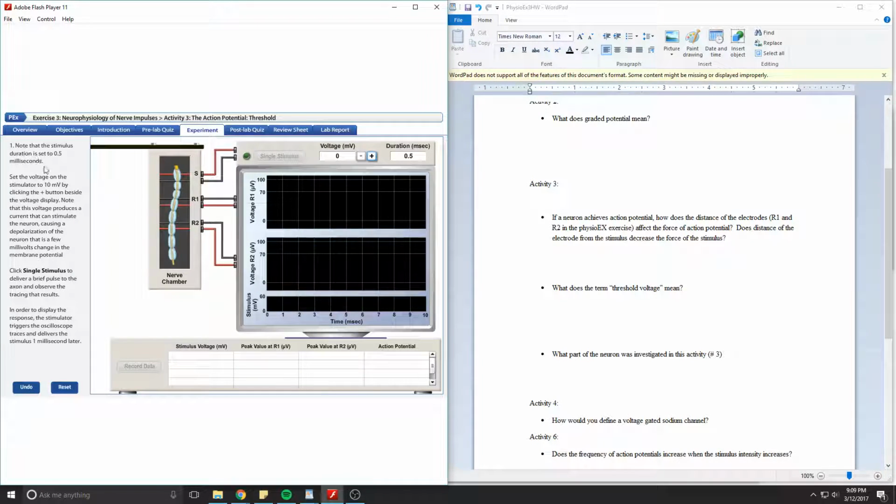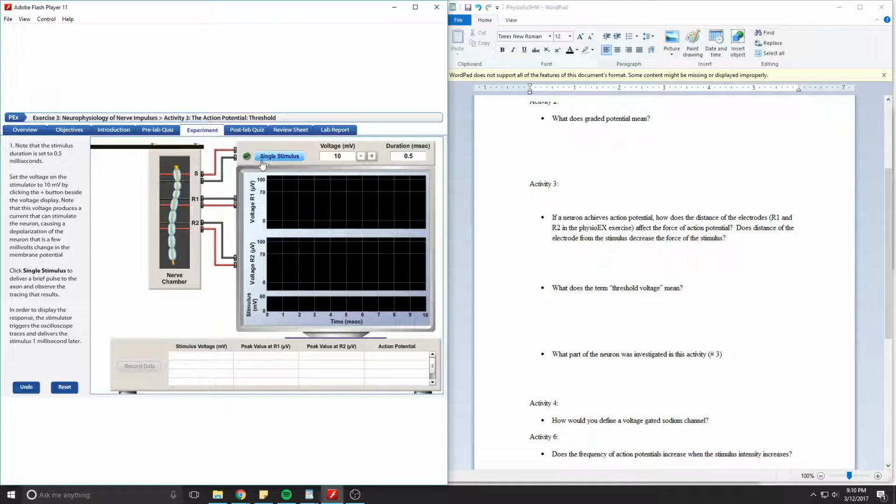So, note that the stimulus duration is set to 0.5 milliseconds. Set the voltage on the stimulator to 10 millivolts by clicking the plus button beside it. Note that the voltage produces a current that can stimulate the neuron, causing a depolarization of the neuron that is a few millivolts change in the membrane potential.